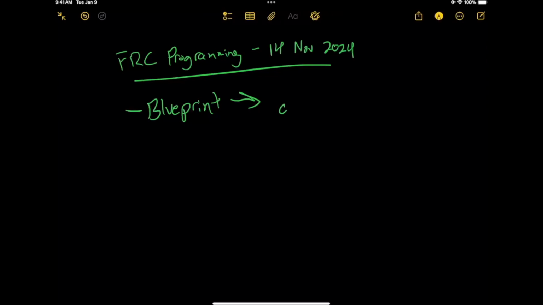Starts with a C. Second letter is L. It's a thing you guys don't have because of the way your school works. Class. Right, class. So the blueprint is the class.